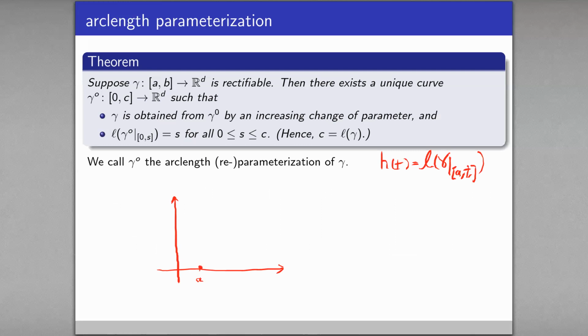Okay, no length yet. It's increasing. It's continuous. So it goes like this. Being onto is just how you define this c to be length of gamma. So that's the trivial part. So this is your function h, and you want to define an inverse to it.